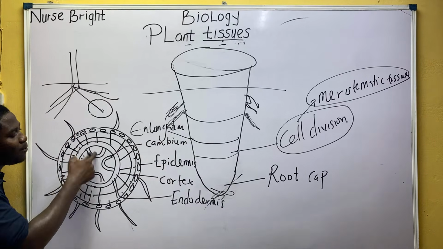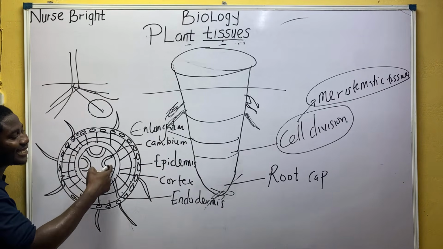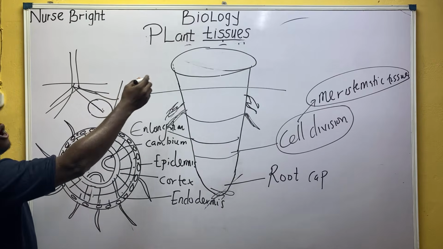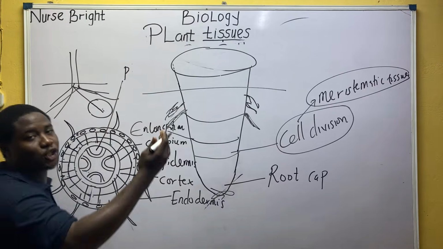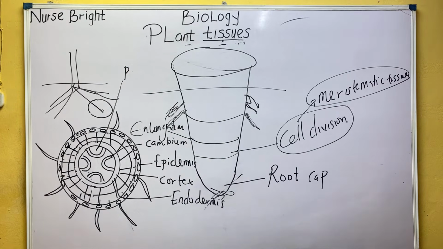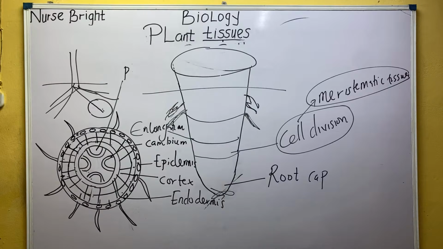These areas inside are called the phloem, the phloem tissue. The center contains the xylem, the xylem tissue.